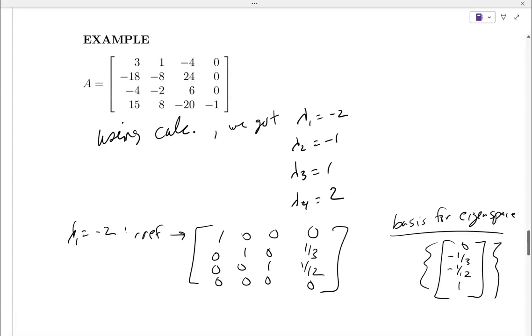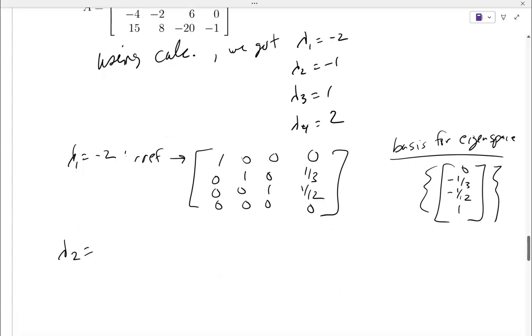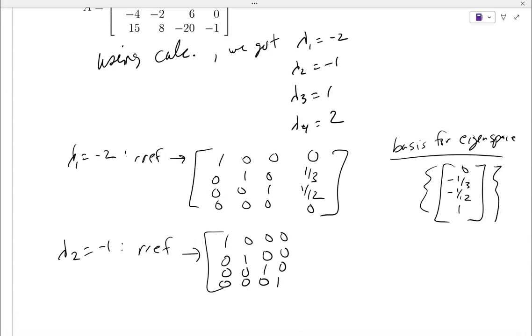So for lambda equal to -1, if I flip back real quick, the basis for your eigenspace, we said that that last component is a 1, but the other 3 are definitely zeros.